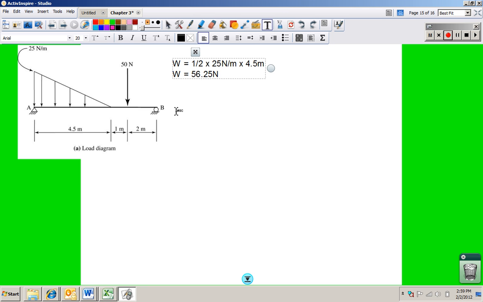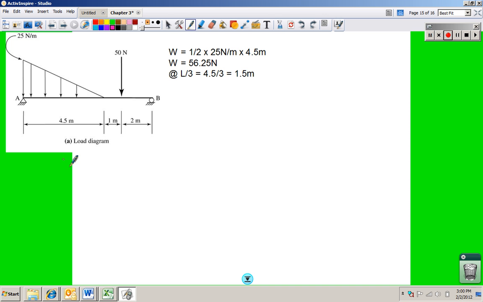Where's that going to be located? It's going to be at the length divided by 3, which is equal to 4.5 divided by 3, which is 1.5 meters. And it's going to be 1.5 meters from the maximum load.